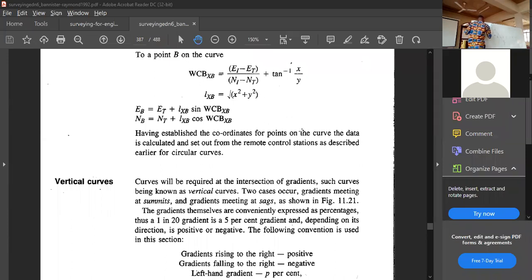Same distance. Now the sight distance then becomes S from here. This is the story of sight distance.